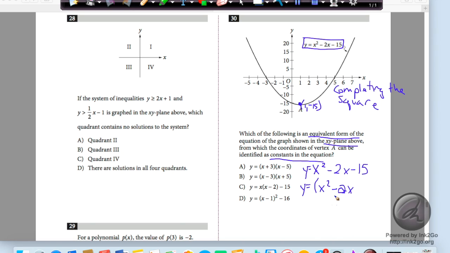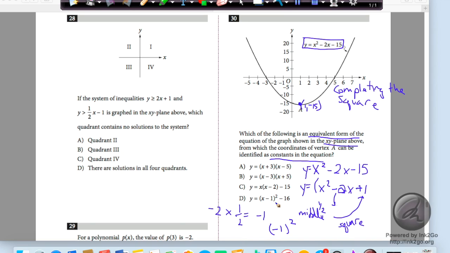Here's the trick when you're doing the completing the square. You have to take half of the middle number, and then you want to square it. So minus 2 times 1/2 gives you negative 1. I then want to square this value in order to complete the square. So negative 1 squared is going to be a positive 1, which is what I'm going to put here.